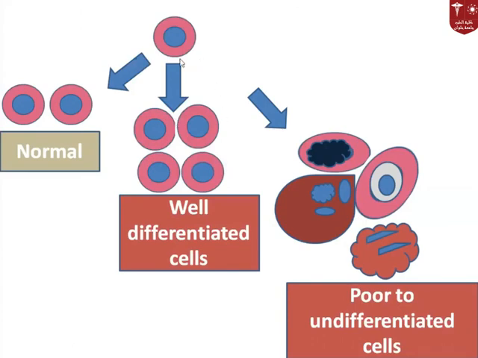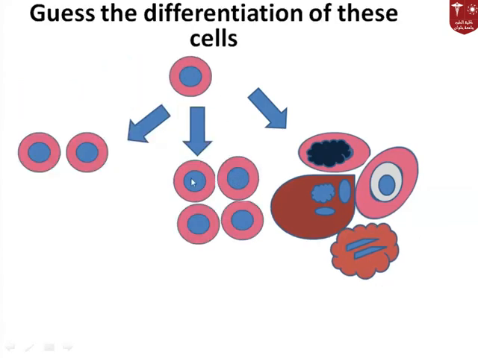However, when this cell gives a tumor, but the tumor is very similar to the original cell, this is called differentiated. And if the cell gives rise to a tumor, but the cells have little or no resemblance to the original cell, this is called poorly differentiated or undifferentiated.